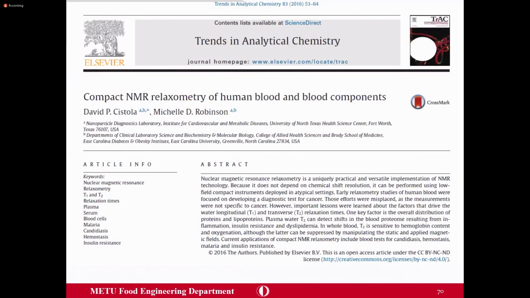Well, a compact NMR relaxometry device has been used to investigate blood and blood components, so that the researchers, for instance, try to find correlations between some other parameters, like with some disease indicators, just by looking at the relaxation times.